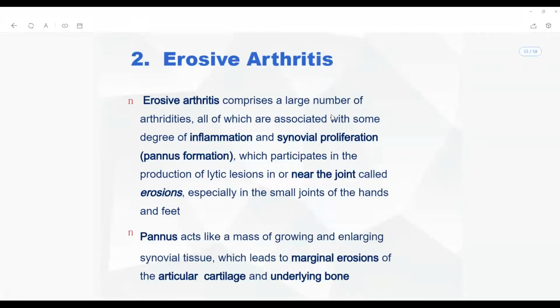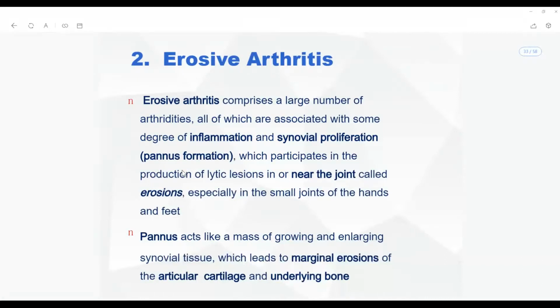Then we talk about erosive arthritis, where gout, rheumatoid arthritis, and infective arthritis come together. Erosive arthritis comprises a large number of arthritides, where there is some degree of inflammation along with synovial fluid proliferation, which is called pannus formation.